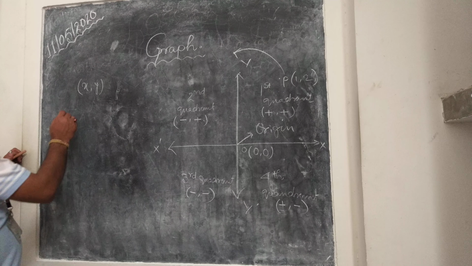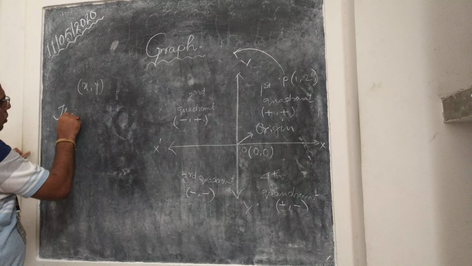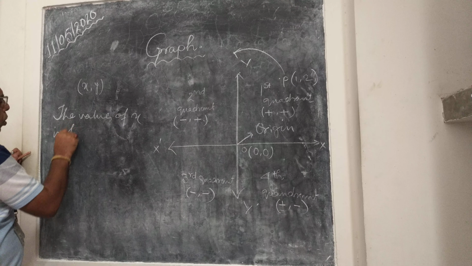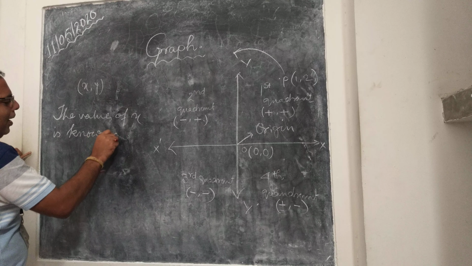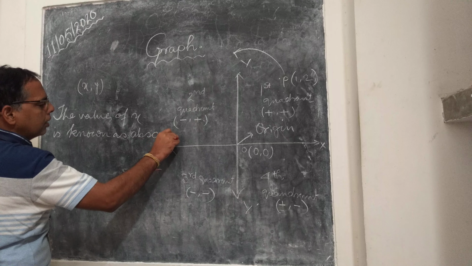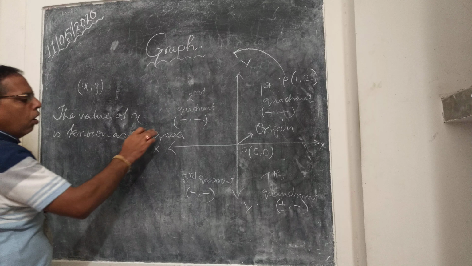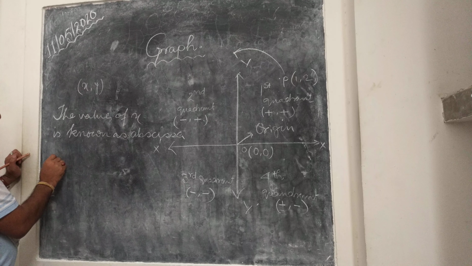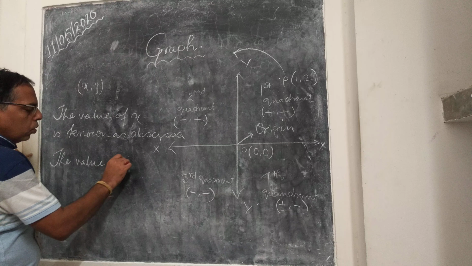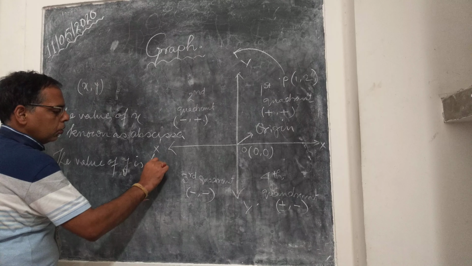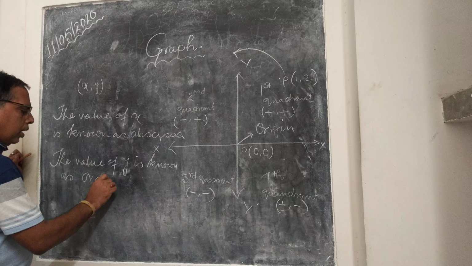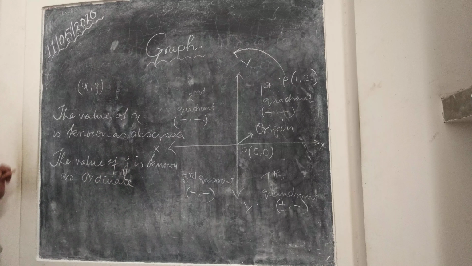The value of x is known as the abscissa, and the value of y is known as the ordinate.